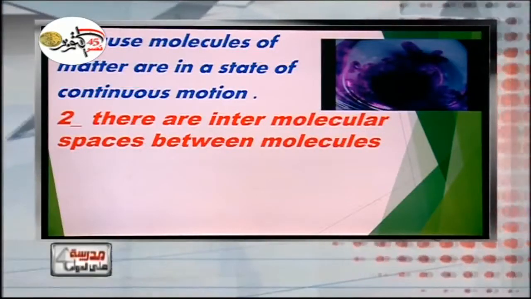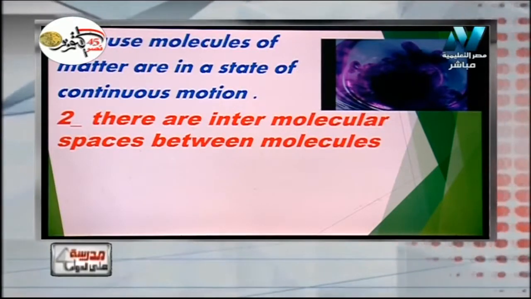In solid state of water, ice, the molecules of water are in a state of continuous motion. They move continually. But the motion in a solid substance is very limited. But the motion in the gaseous state, as water vapor, is very, very high. So, number one, the molecules of matter are in a state of continuous motion.